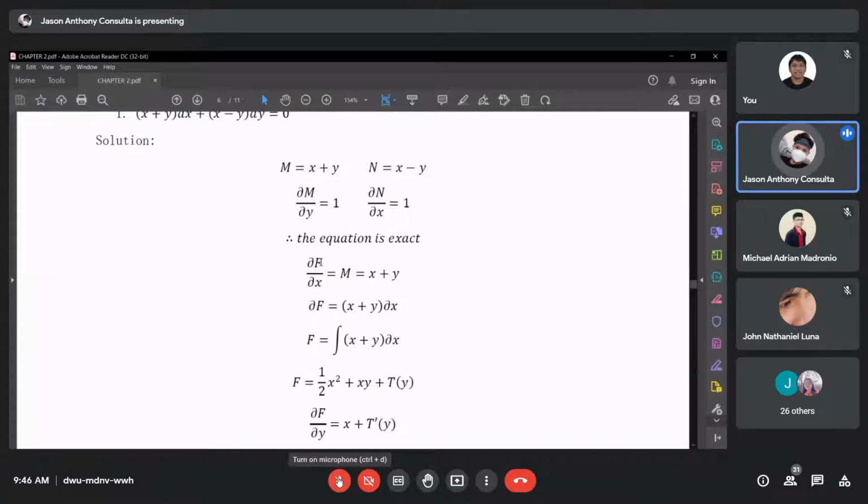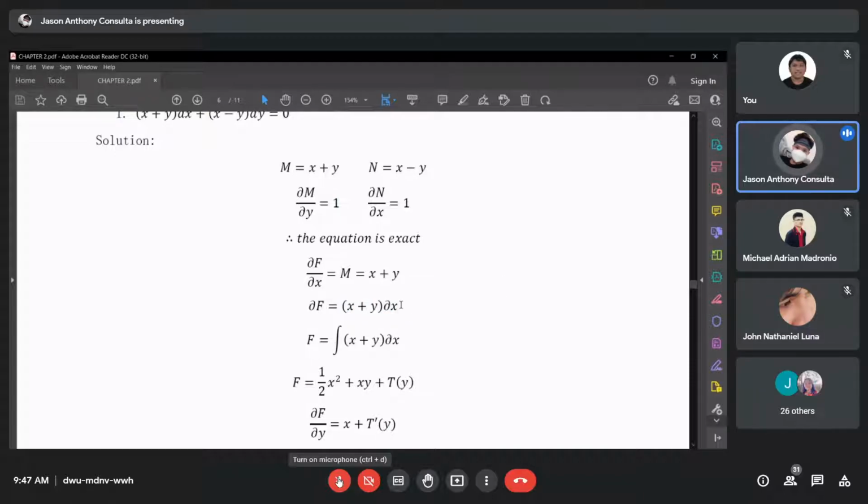Partial derivative of f with respect to x is equal to M, which is equal to x plus y. Therefore, partial derivative of f is equal to x plus y times dx. Cross multiplication lang yun. Galing yun dito. Okay, so partial derivative of f is equal to the quantity x plus y partial derivative of x.